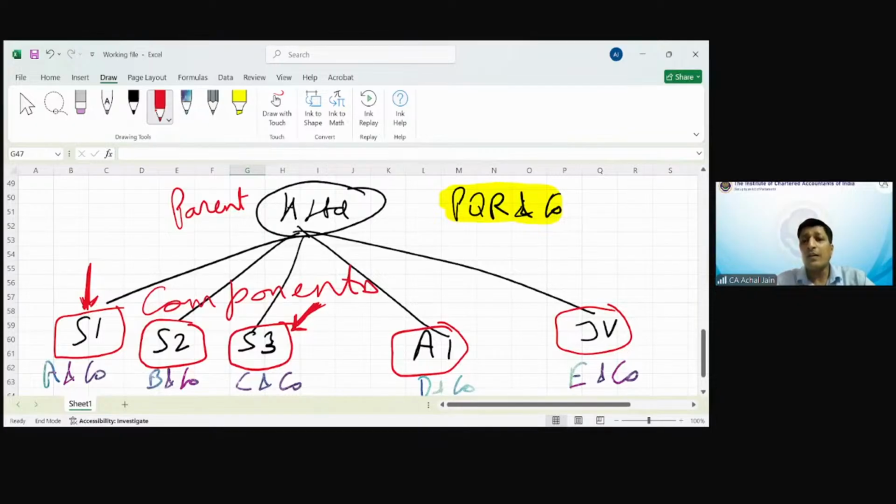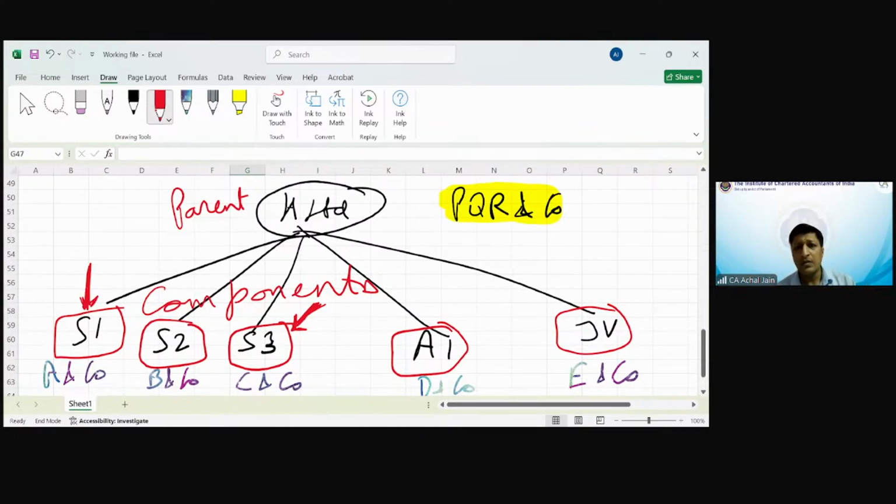So PQR will be called the parent auditor or consolidation auditor. Okay, and A and company, B and company, C and company, what do you call them? Component auditors. They are all component auditors, meaning they are the auditor of components. Now, is it necessary that the auditor of a component has to be a different audit firm?